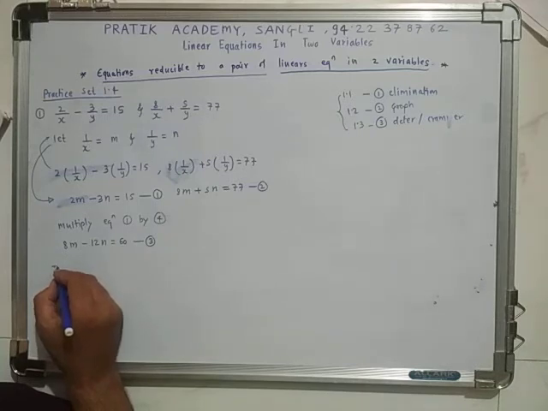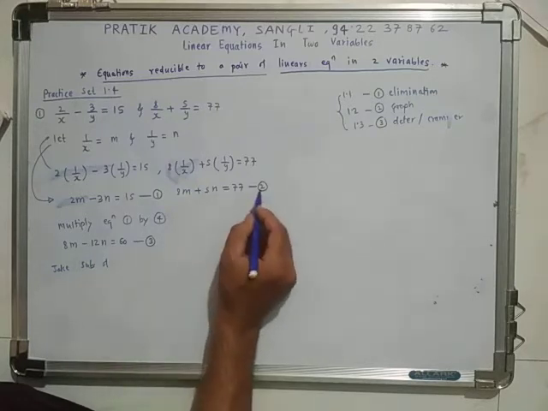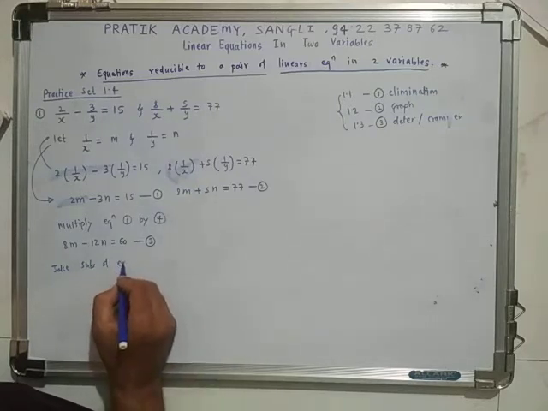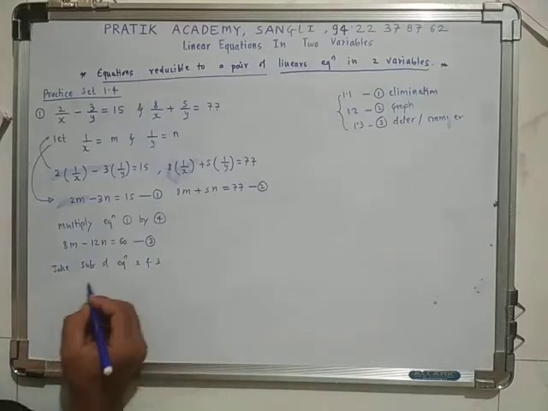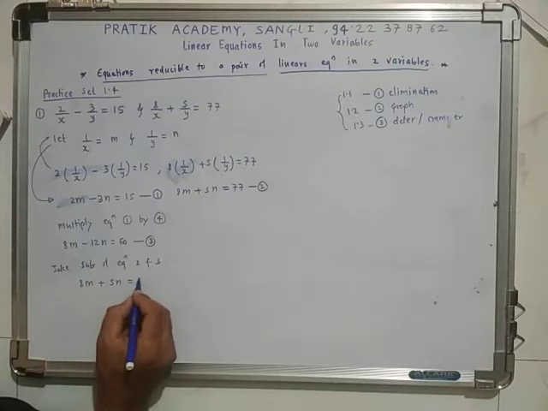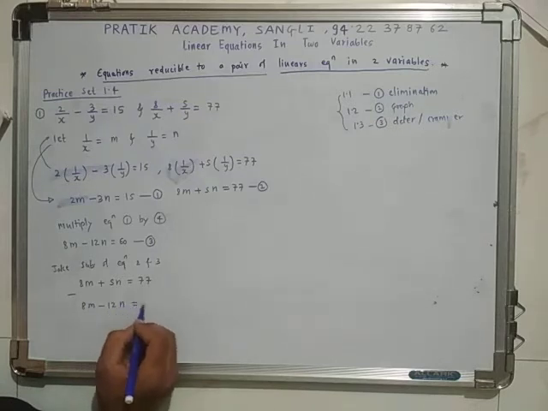So take the subtraction of equations 2 and 3. What will happen? 8m plus 5n is equal to 77, minus 8m minus 12n is equal to 60.